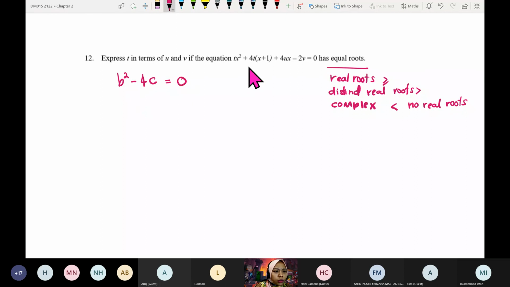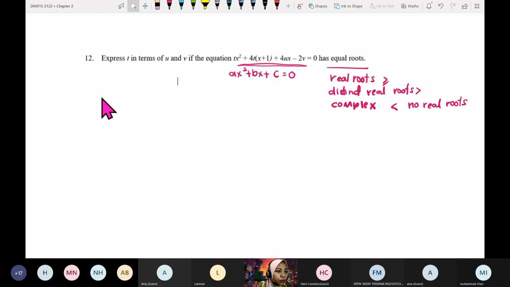B square minus 4AC. Okay, ini boleh, madam. So sekarang ni bentuk ini tak lawa. I kena susun dulu supaya I dapat bentuk AX square plus BX plus C equals to 0. I have to rearrange this function. So before that, kita ketepikan ni dulu.